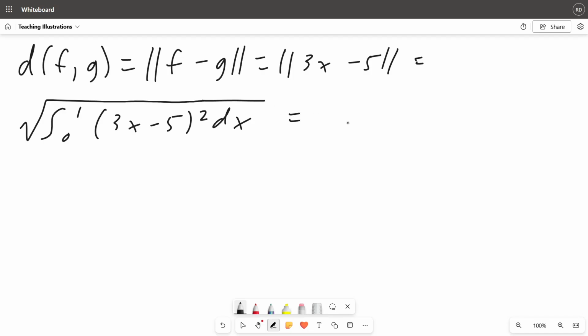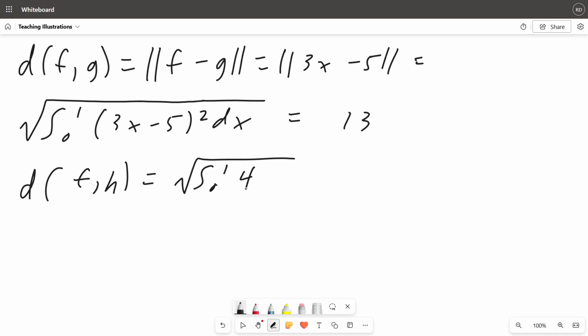And then just do some basic integration rules. It's 13. And then the distance from F to H would be the square root of the integral from 0 to 1 of 4 dx.